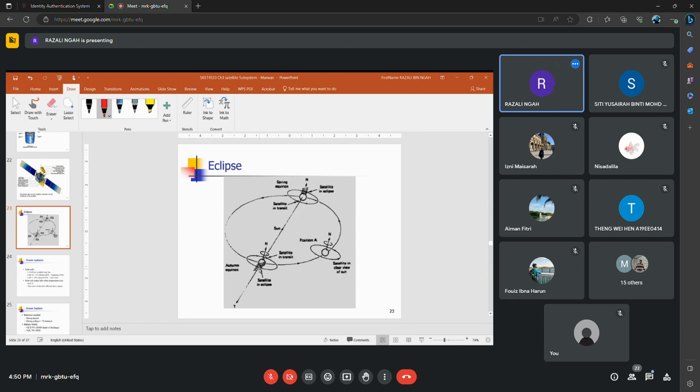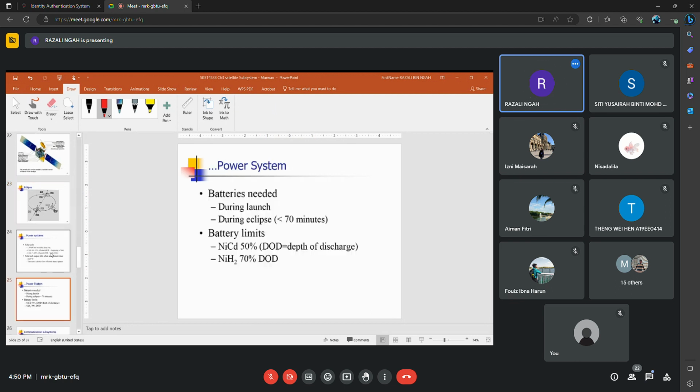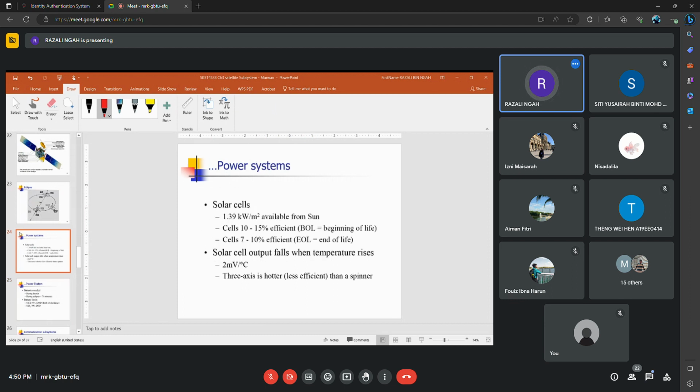That means we cannot use the solar panel to generate electricity, because the Earth blocks sunlight from the sun from reaching the satellite. So during this eclipse event, we need to use a battery. That's why, besides solar panels, we need to have a battery on the satellite.